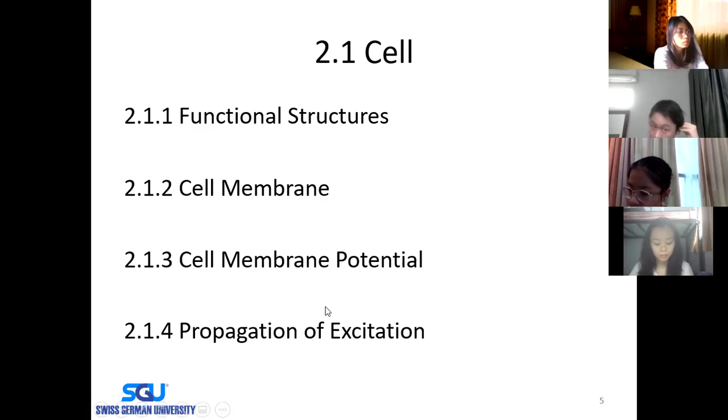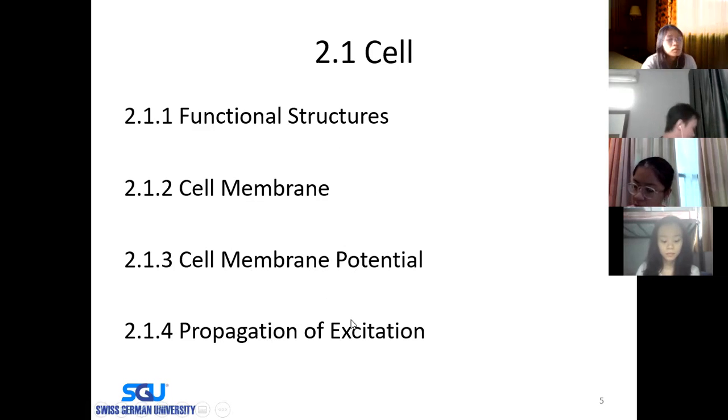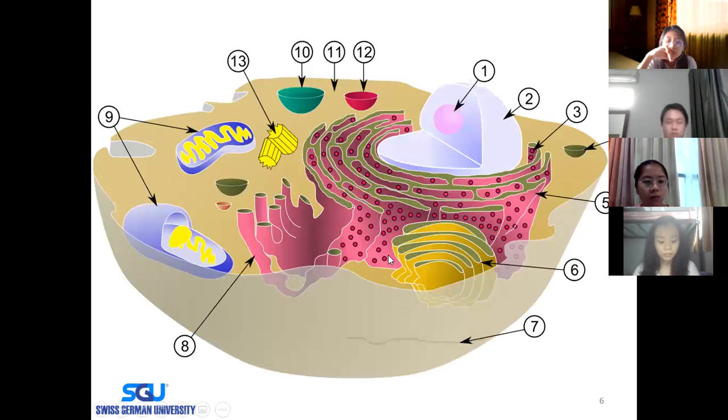It is the cell membrane potential that is responsible for generating what the physician eventually measures from outside the body as bioelectricity: ECG, EEG, EOG, EMG, etc. Then how does the cell membrane potential propagate the excitation?